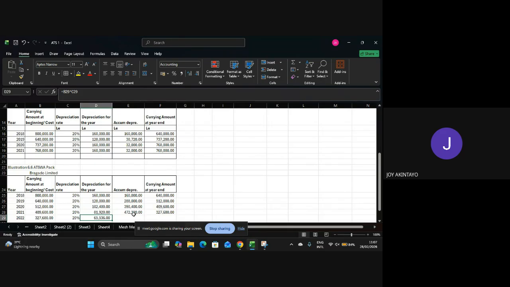So accumulated depreciation will be the accumulated depreciation plus this. What do you have? 65,536 naira plus 472,320.